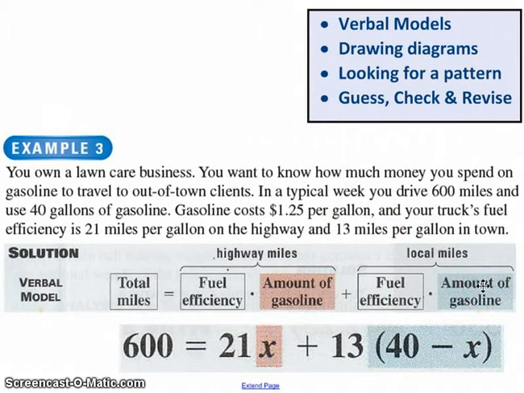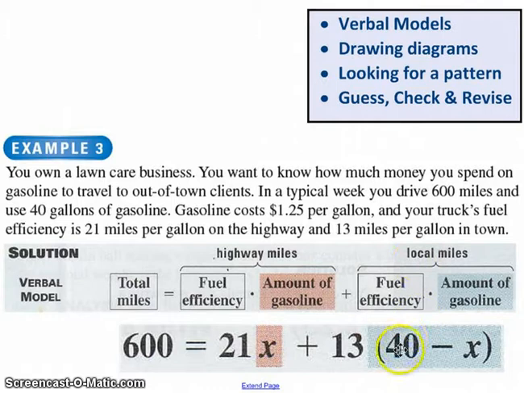Well, this is an interesting concept right here that I want to make sure you understand. They've said the total amount of gas you used is 40 gallons, and that's all you know. So if you use X on the highway, then whatever is left over after you use X from the original 40 is how much you use on the local miles.